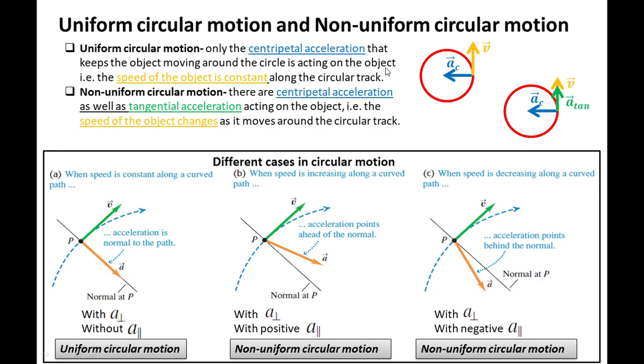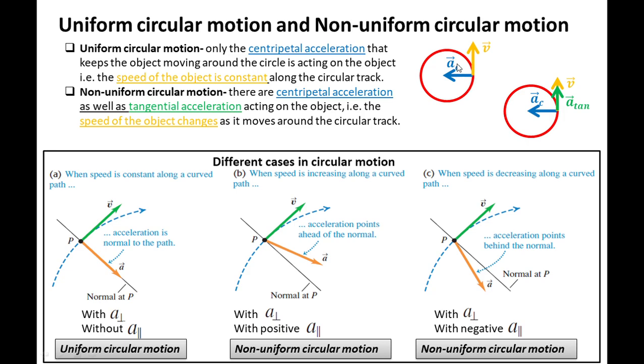In other words, the object is in uniform circular motion if the speed of the object moving along the circular path is constant, which means that you should not have a tangential acceleration. So your acceleration here is only one.